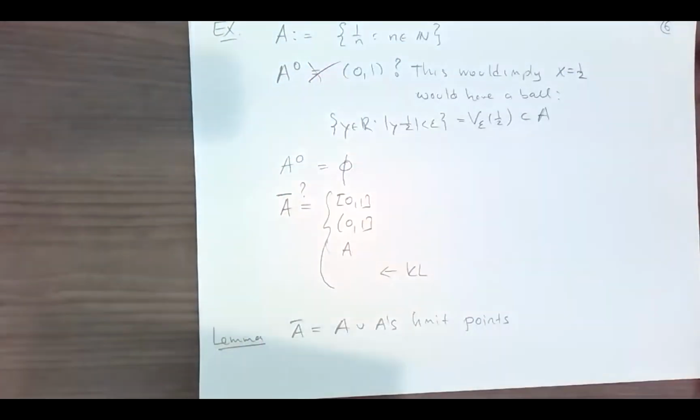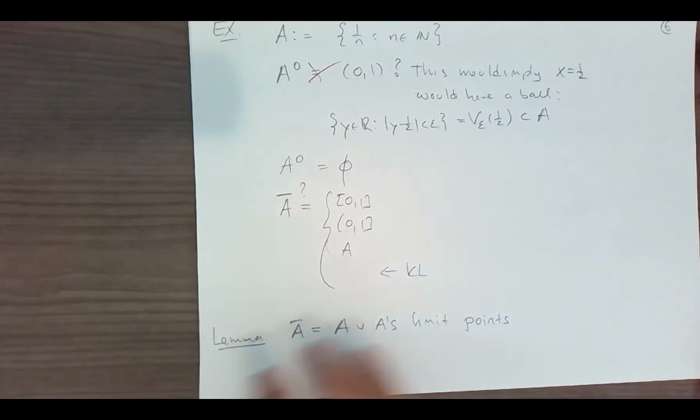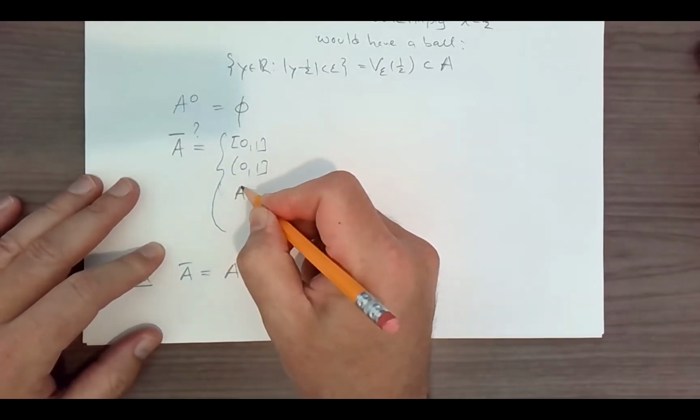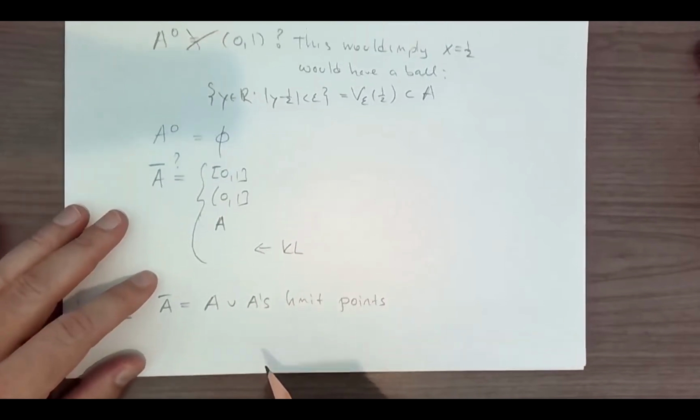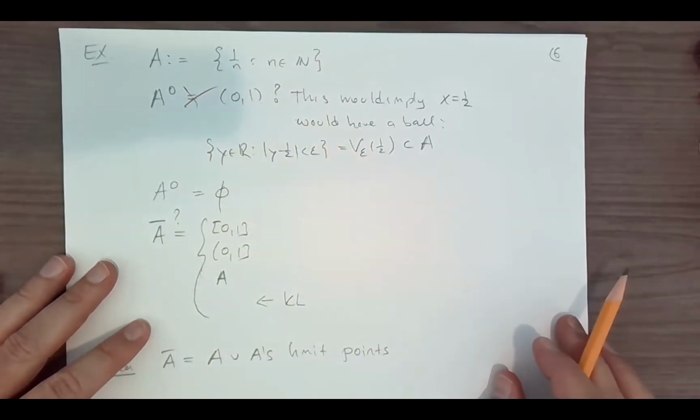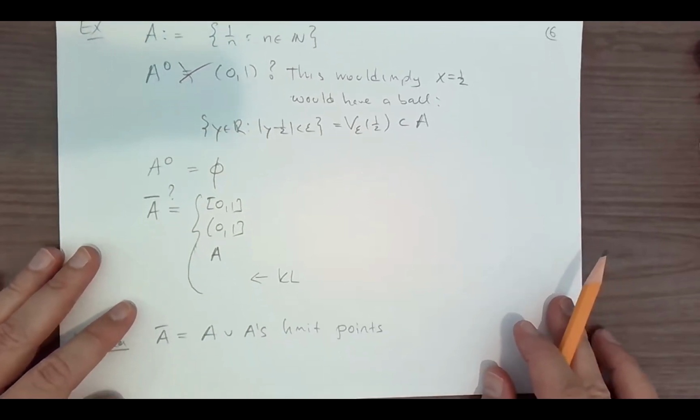So knowing that now, would we care to offer another one? So 1 over n, what kind of limits can I get out from 1 over n?